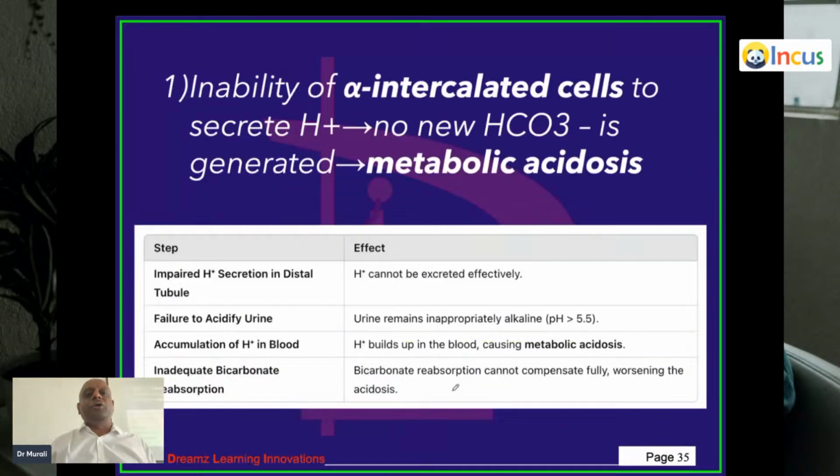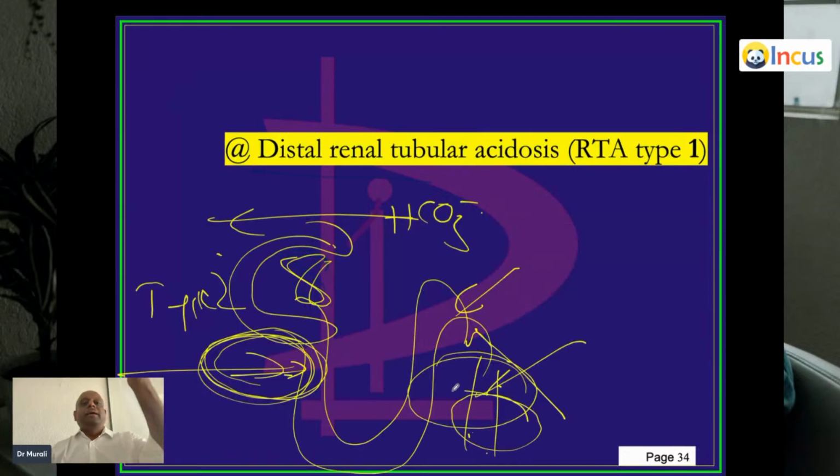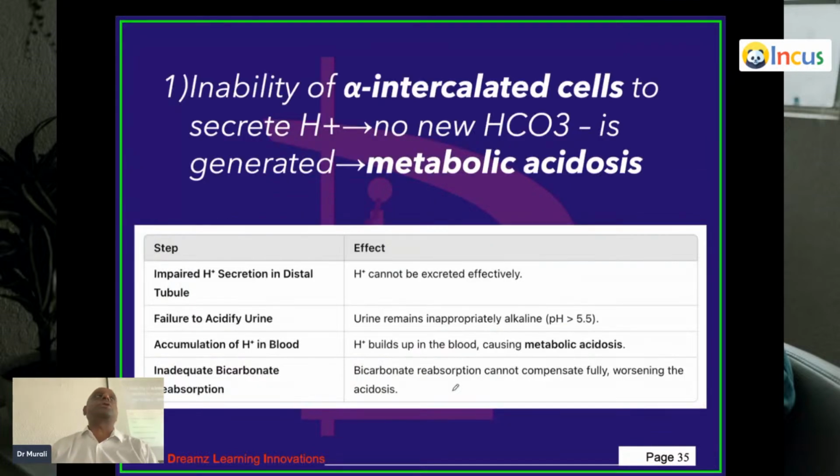Now let us start with distal renal tubular acidosis, which is called type 1. First of all, why is there a metabolic acidosis in distal renal tubular acidosis? There are cells called alpha intercalated cells in the collecting duct.